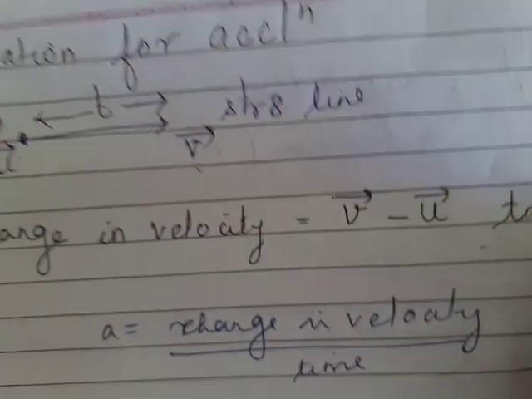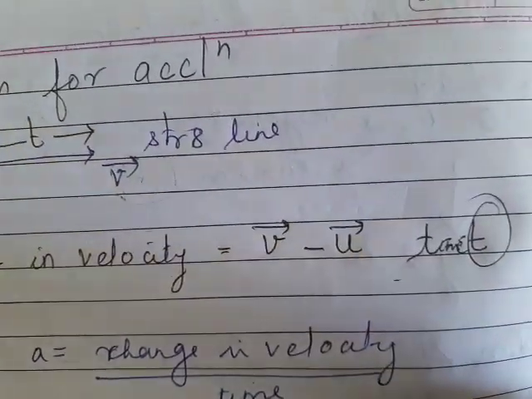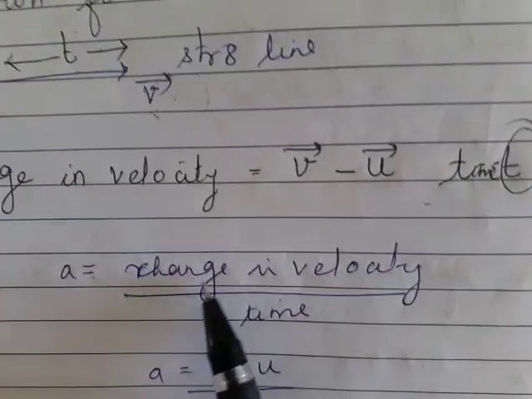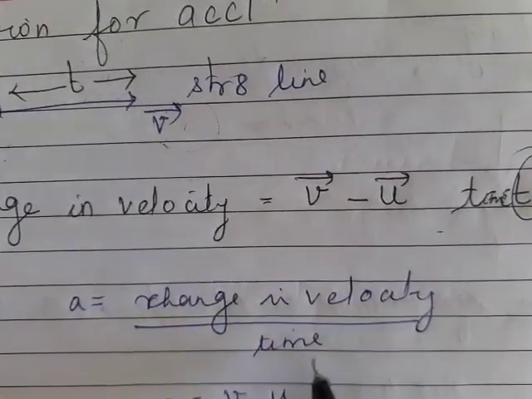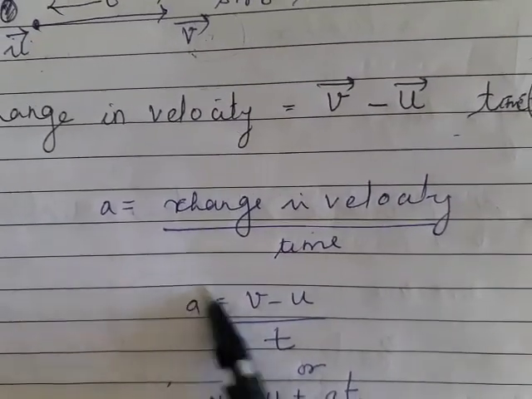And time is t. So acceleration is change in velocity upon time, a equals v minus u upon t. A is the symbol given for acceleration.